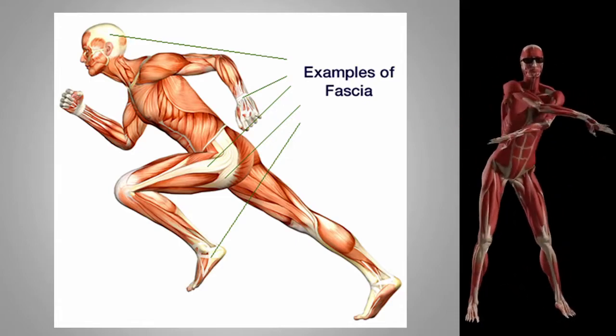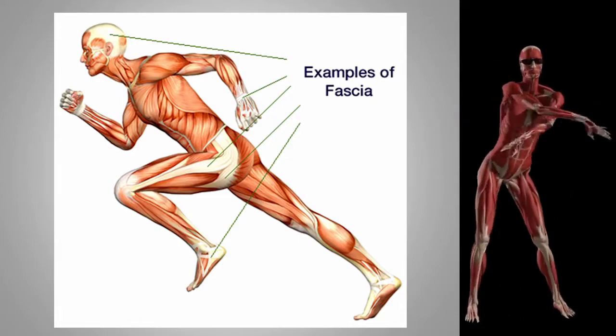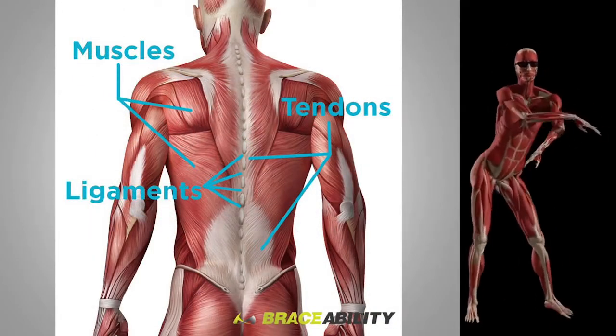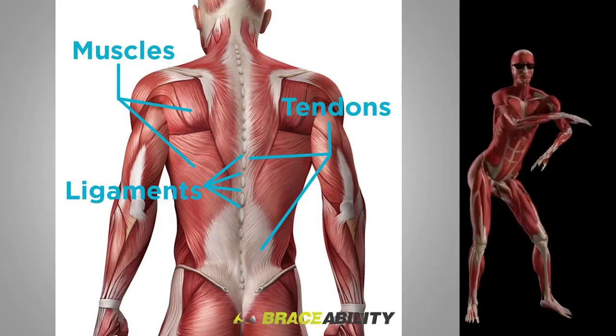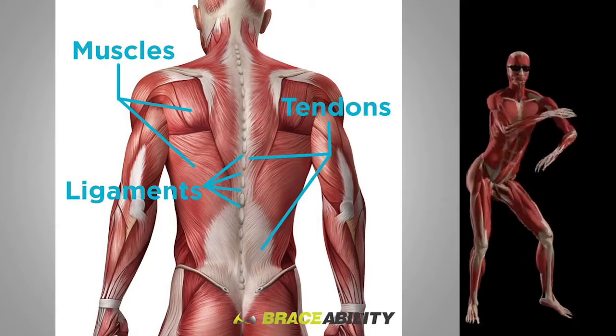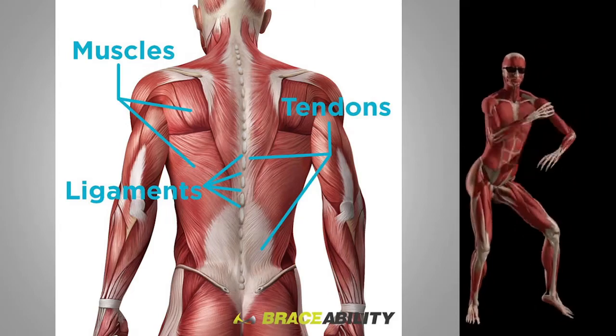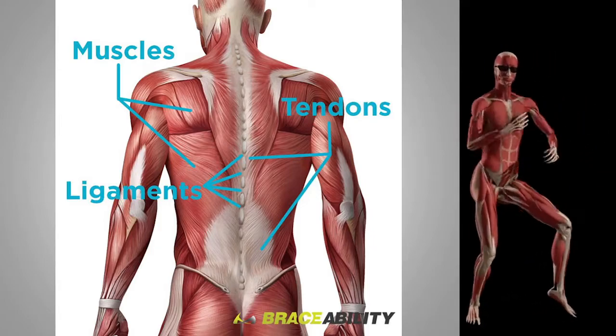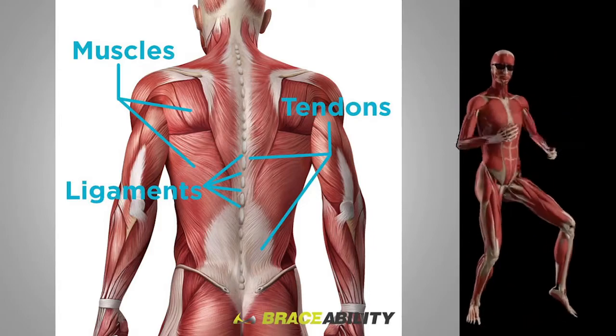So fascia again connects muscle to muscle. Now we have another supportive structure, but it is more a part of the skeletal system because it connects bone to bone. So those are the ligaments.